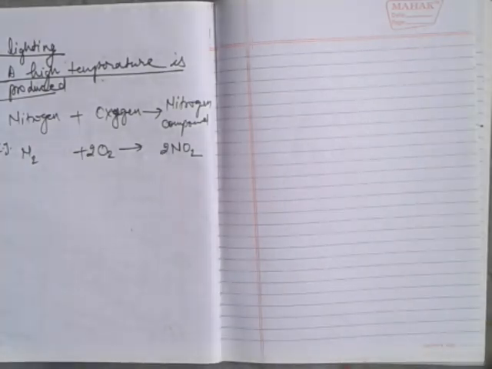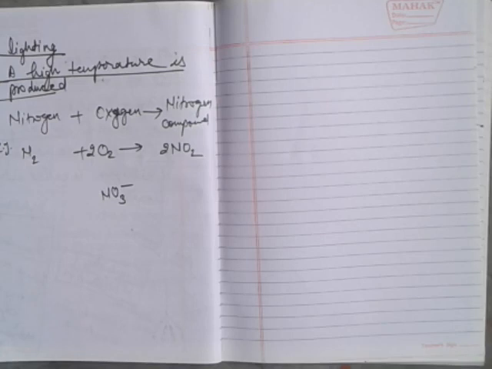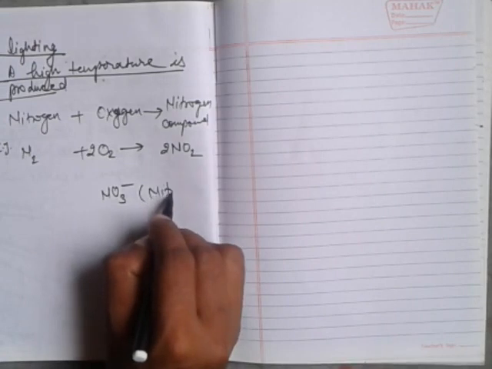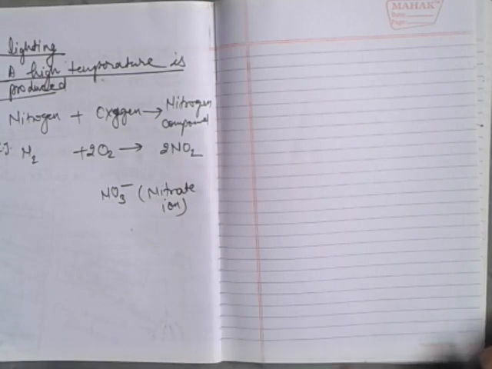Nitrogen compound. It will also form in nitrate form like NO3 negative. This is called nitrate ion. It combines with water, it forms HNO3. It is called nitric acid.